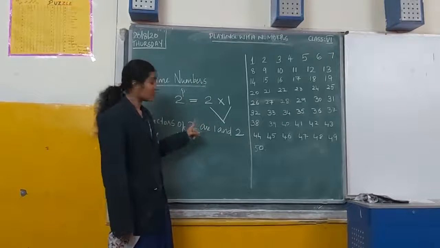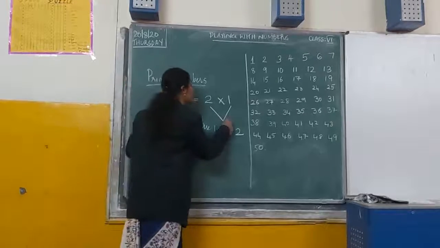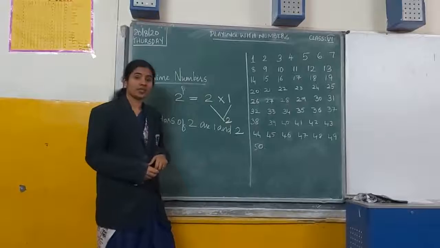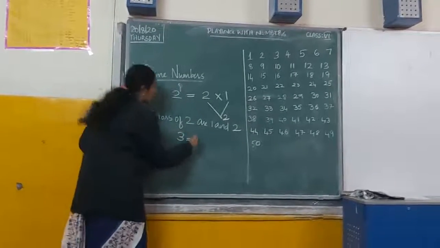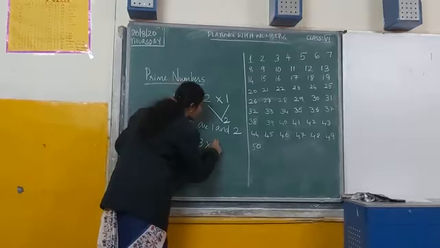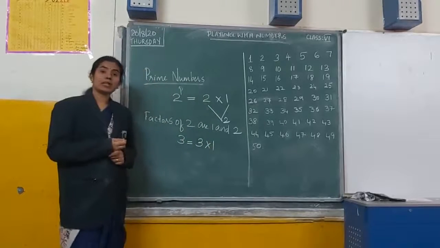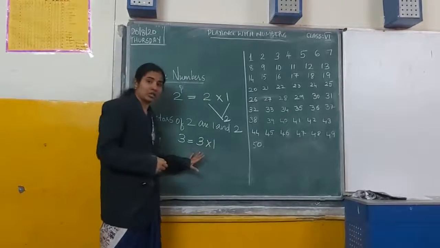Total how many factors for this number? Total 2 factors are there. Next we will take 3. How can you write 3? 3 ones are 3. Another way you can't write.